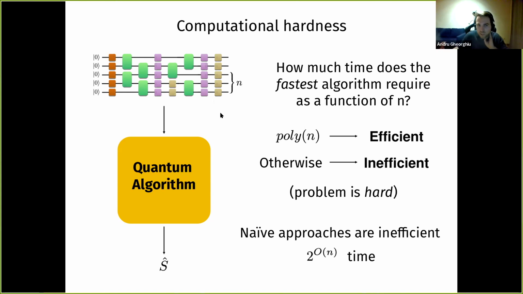But as was hinted at in Jordan's talk, in this setting where you're given many copies of some state and you're not using any other information about the state, then again, in general, it's going to take exponential time to estimate the entropy of that state. So it's, in general, as hard as state tomography to solve this problem.